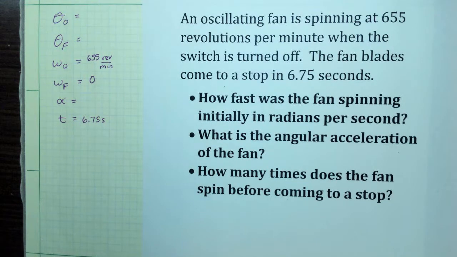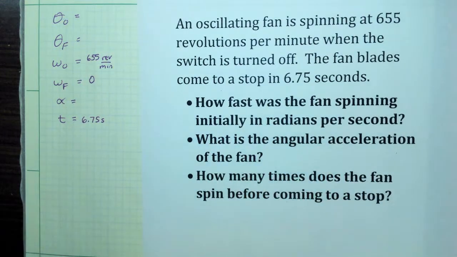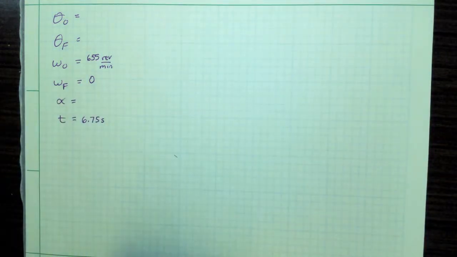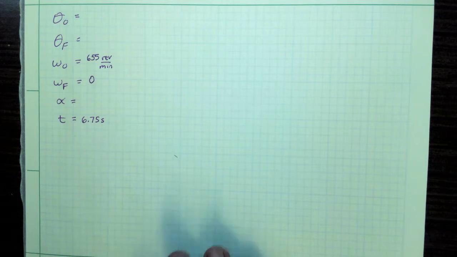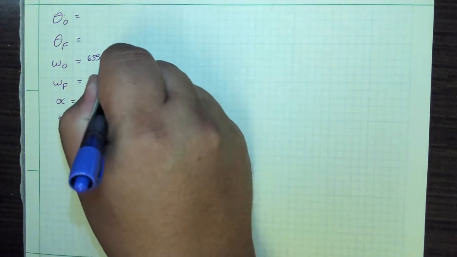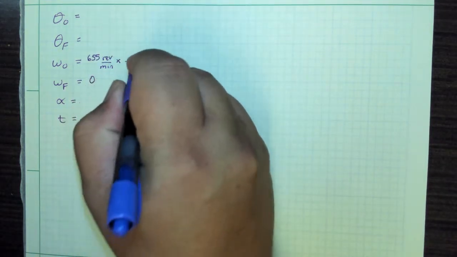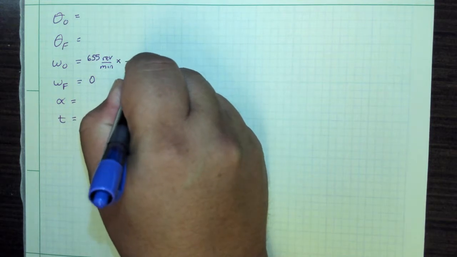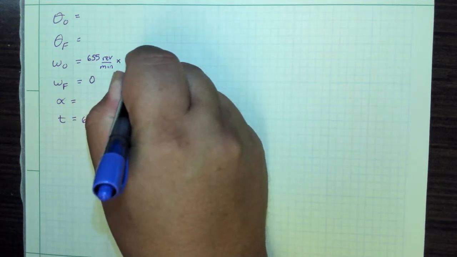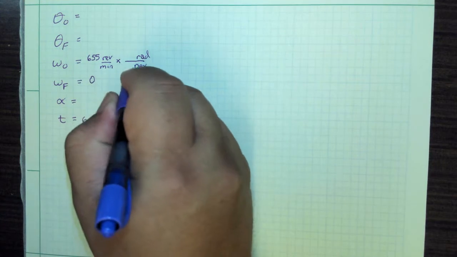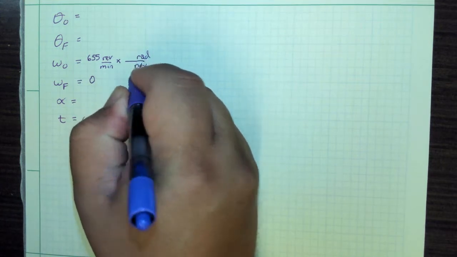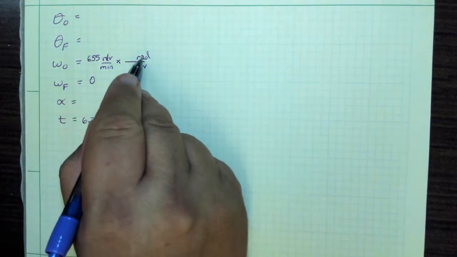Now, the first thing we should do before we go any further is to make the unit conversion that we are asked for here and ask what is the speed of the fan initially in radians per second. This is an exercise in unit conversion, and so we follow our process for unit conversion. We want to get rid of revolutions, and so we put that on the bottom and replace it with radians.